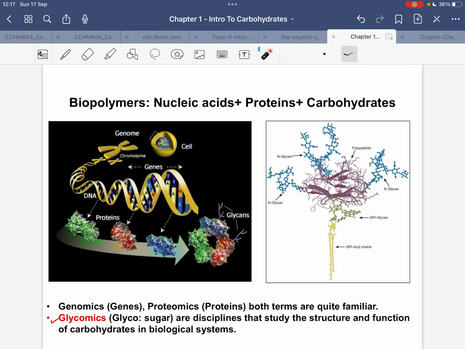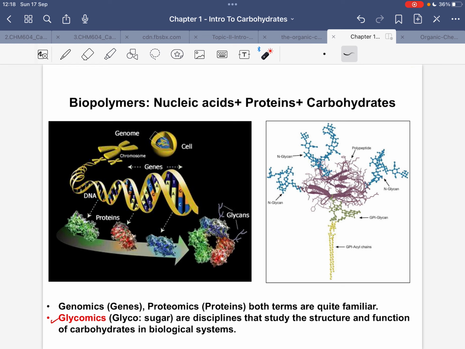Ang kaibahan lang sa proteins and carbohydrates is that ang proteins gina-produce siya sa nucleus, sa genes itself. Whereas ang carbohydrates dili siya gikan sa cell mismo, sa nucleus sa cell.